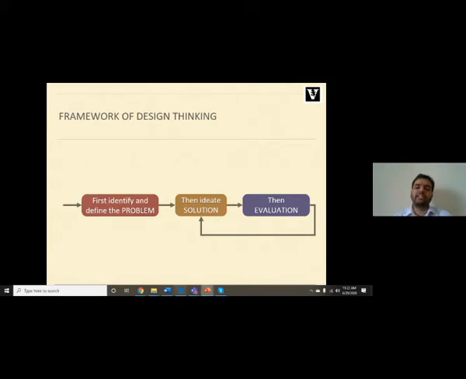And we can move from evaluation back to ideation. This means that after evaluation, we may know that we have to modify our idea.